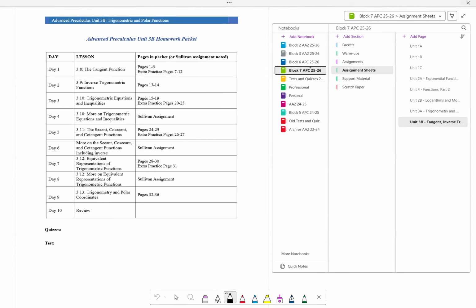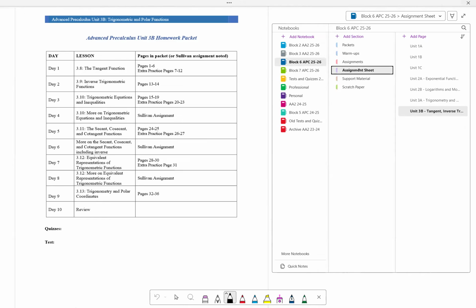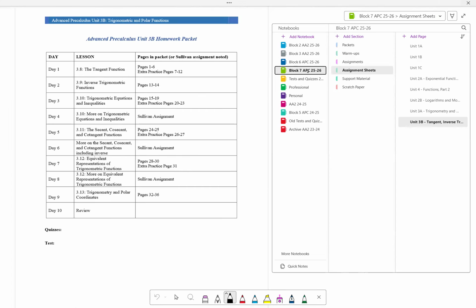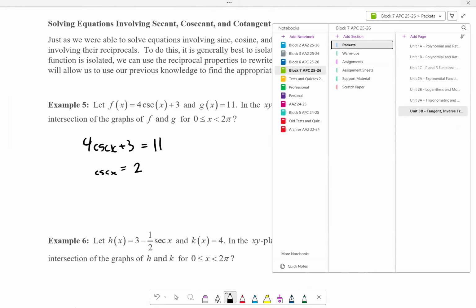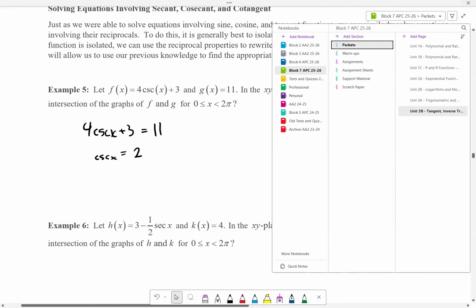Shoot. It can't be a test on the 19th. Wait, there's still a week after that, isn't there? Okay, 19th. I'm sorry. You guys are right. I'll have to get you that information later because there's some confusion apparently.